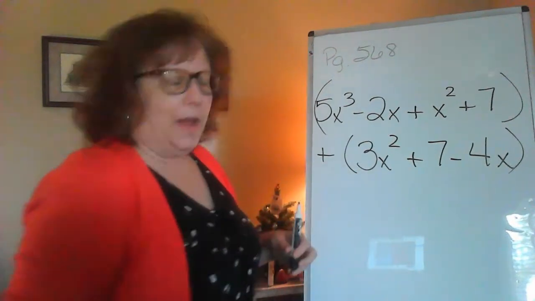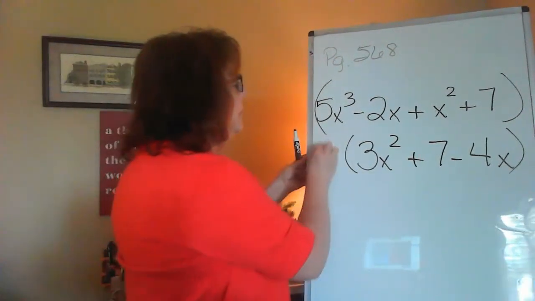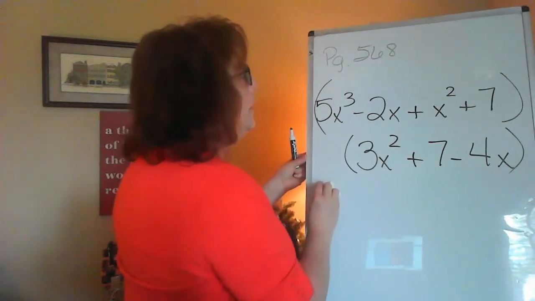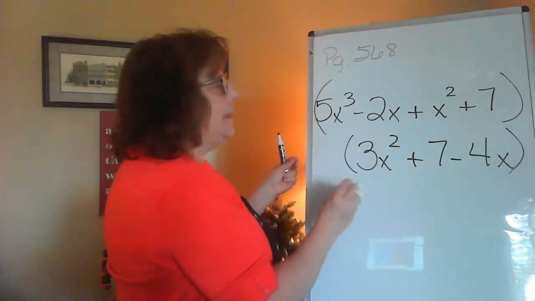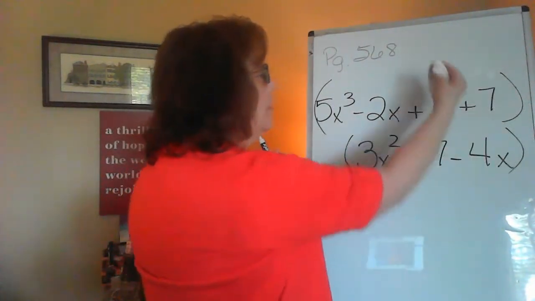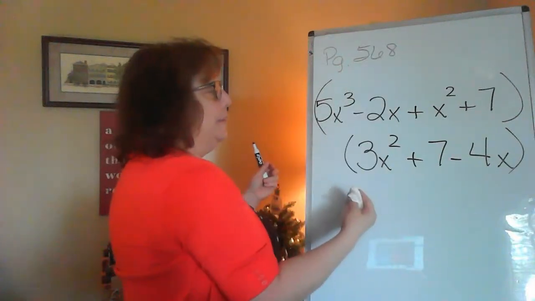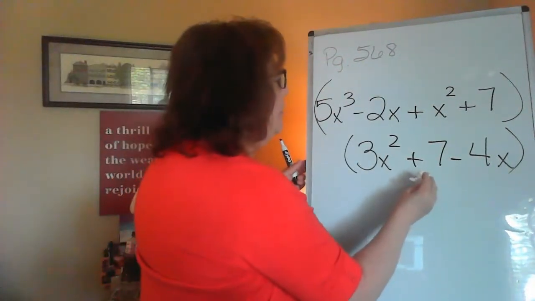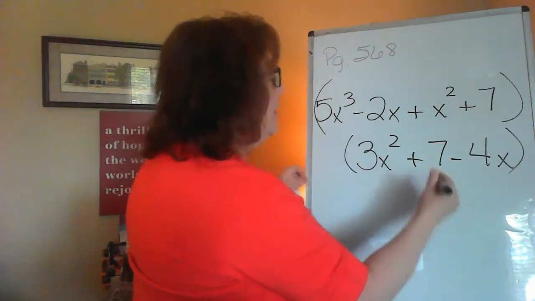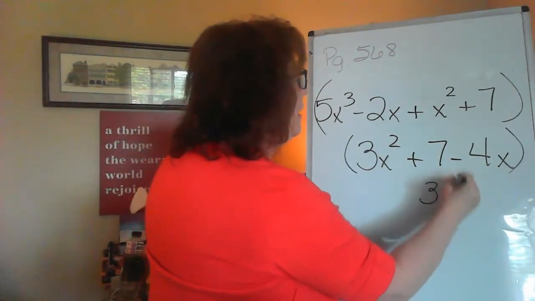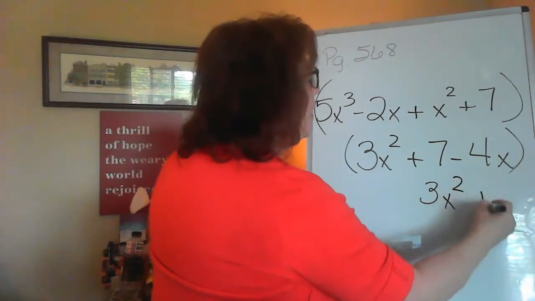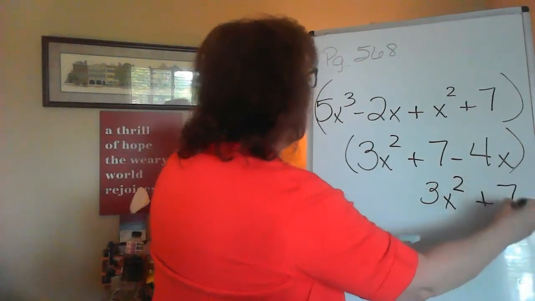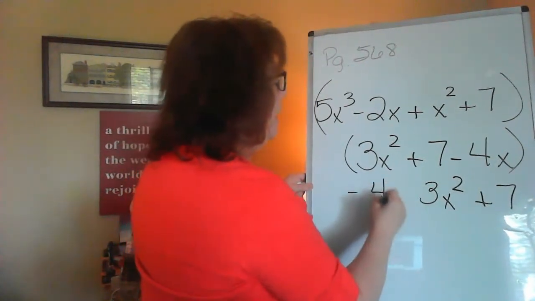And so I am going to move some things so that everything is in order with its counterpart. I am going to move the 3x squared to here, the positive 7 to here, and the negative 4x over here.